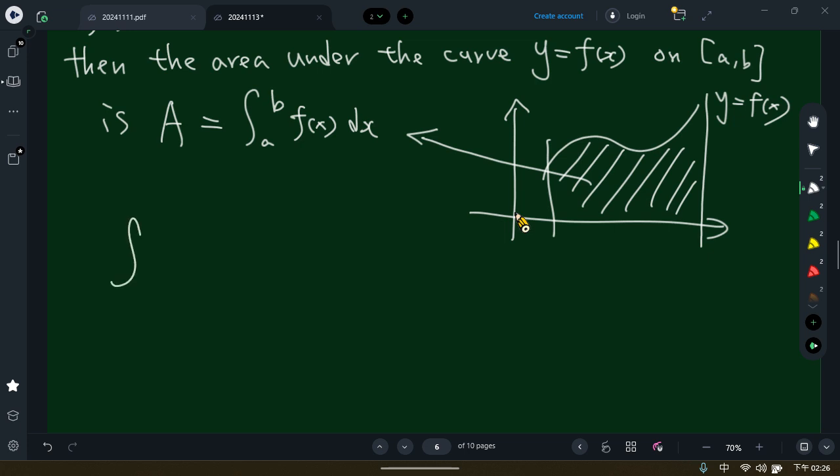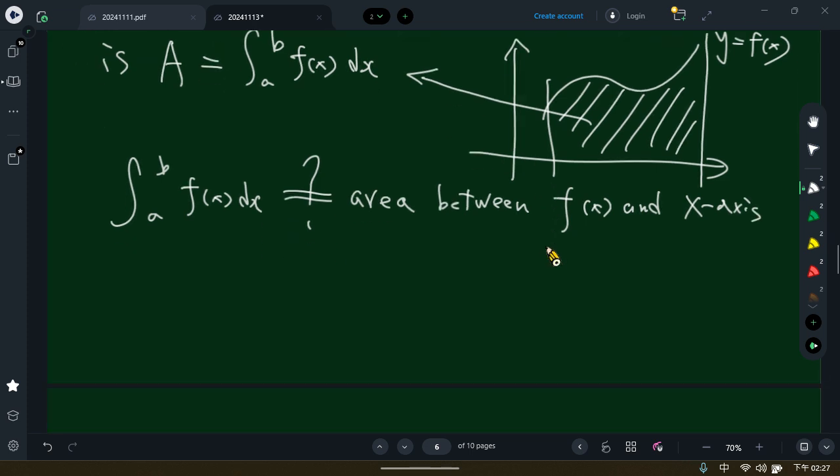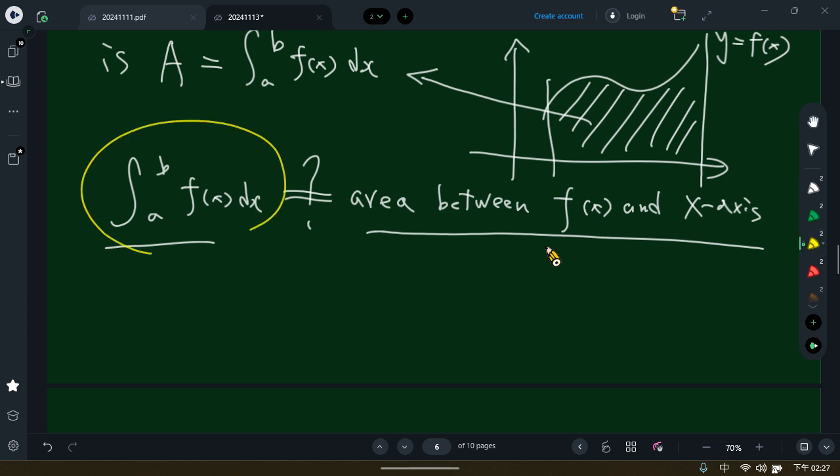But if the function is not always positive, the definite integral will be different from the area between f of x and the x-axis. These two are different.